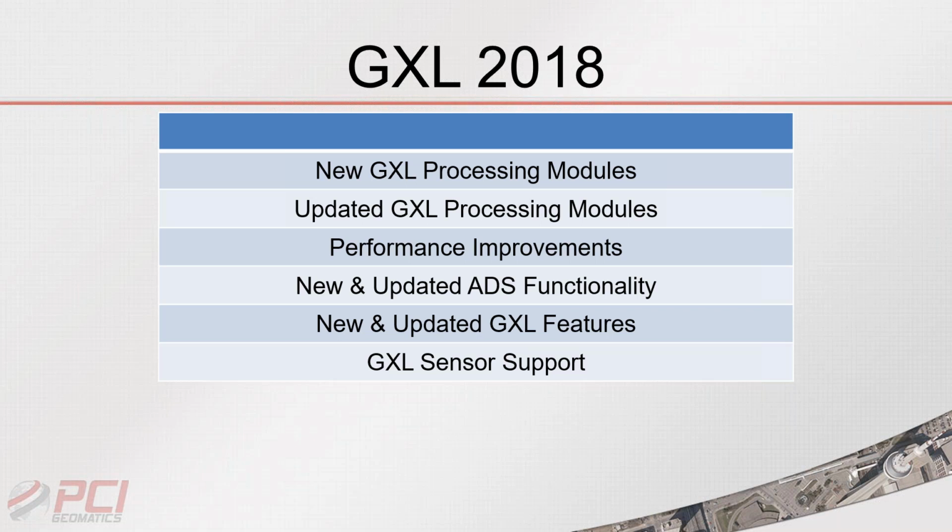So we add new modules, we improve the interface, we improve the performance. Specific to GXL, we've added ADS push broom, which is an aerial push broom scanner. We've added a specific ADS functionality within 2018, and all of the sensor updates that we put in are there as well. So we really add in quite a bit, and GXL is a key tool that benefits from all of this technology that we develop on a continual basis.